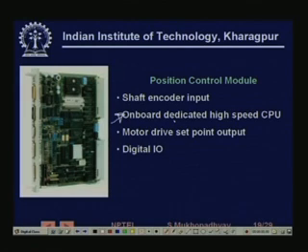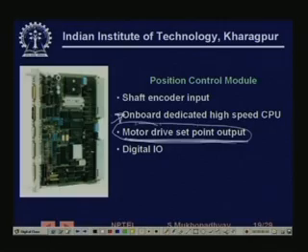When you have low speed controllers, you generally use things like microcontrollers, but here you could use a higher end processor like maybe a 68,000. Then there is the motor drive, a power electronic drive, which is given a set point and realizes that set point.